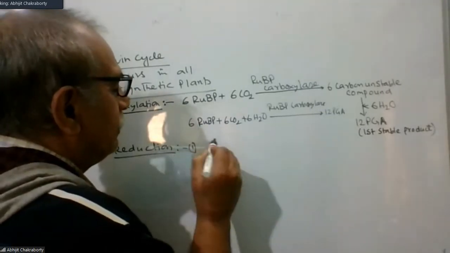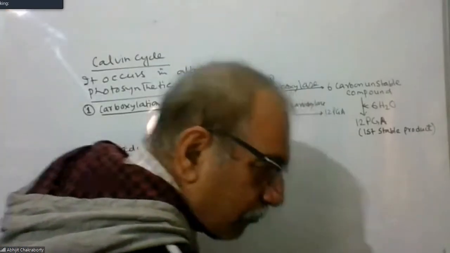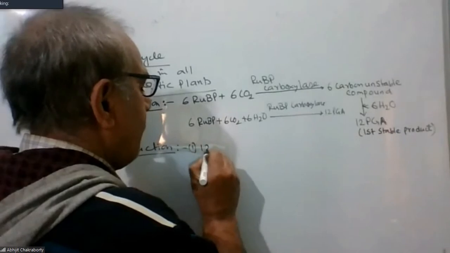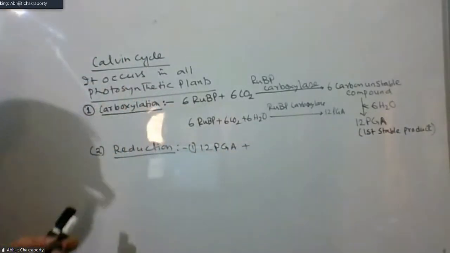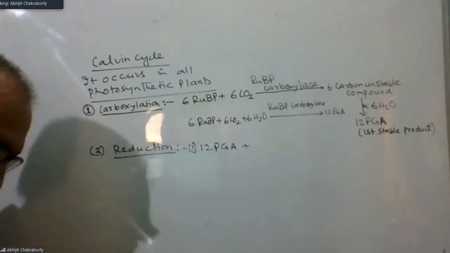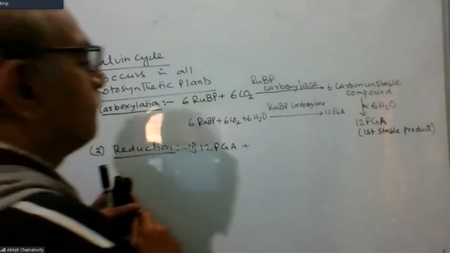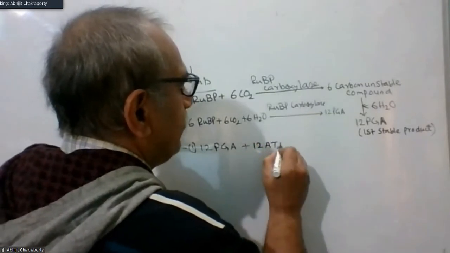Reduction involves the following steps. Reaction one: 12 PGA reacts with 12 ATP.